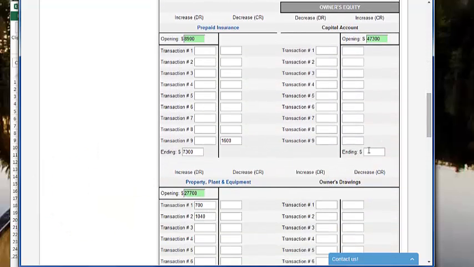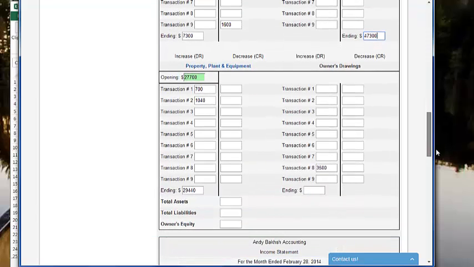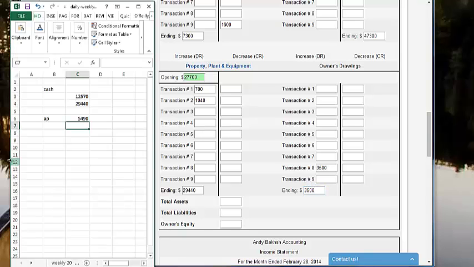Owner's equity, we have a credit balance, 47,300. That usually doesn't change until the end of usually a year. Owner's drawing has a debit balance of 3,500. So for assets, I have cash, I have prepaid insurance, and I have property, plant, and equipment.